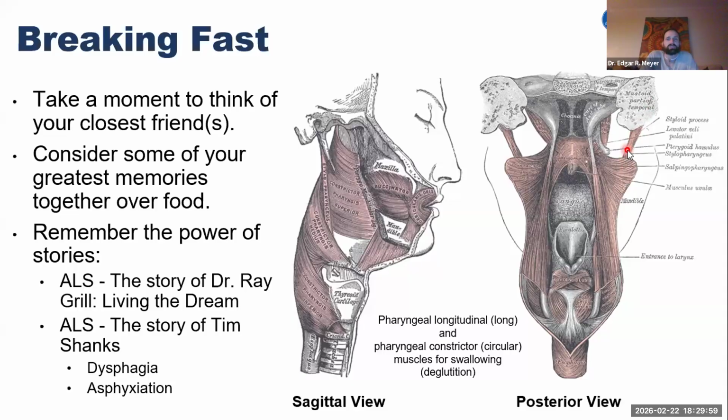Our longitudinal muscles will help elevate our pharynx, pull it over the food that we're swallowing, and our constrictor muscles will help push the bolus of food down in a sequential order.